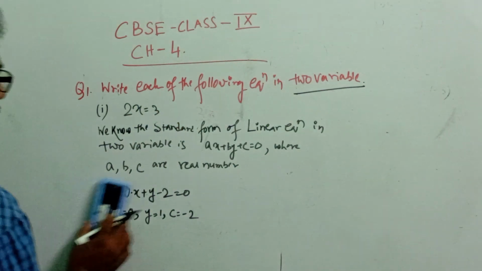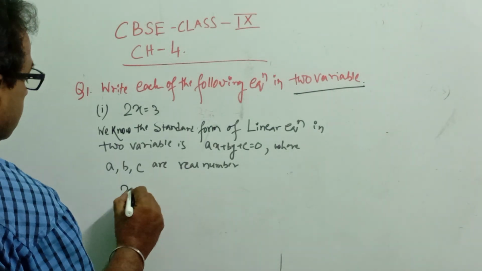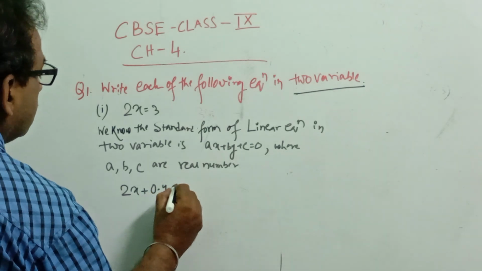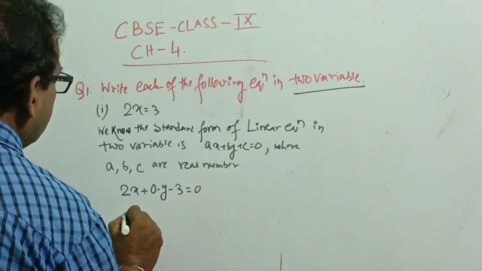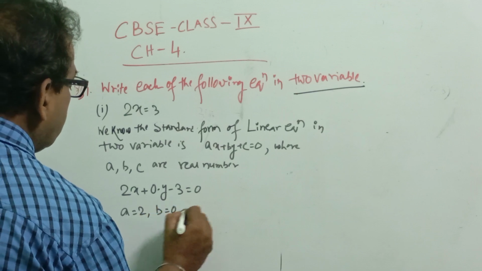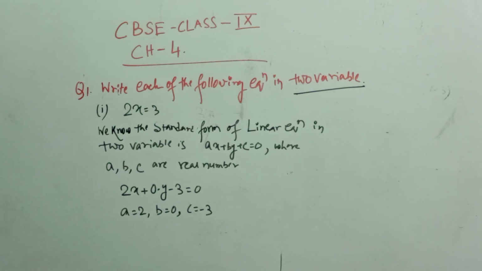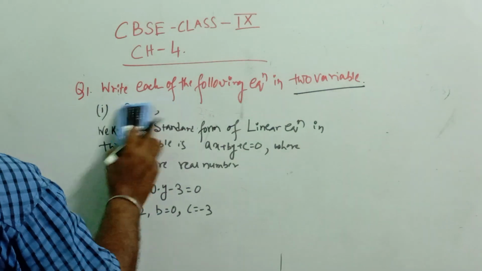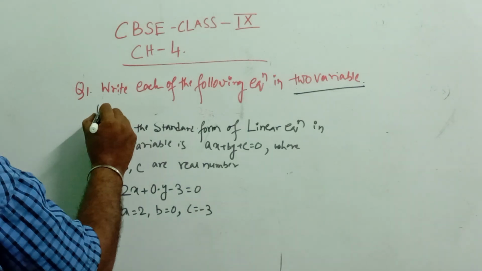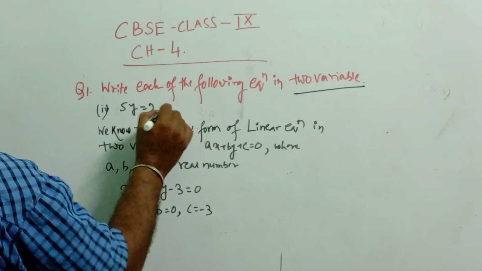Now same thing we have to write over here. That is 2x plus 0y minus 3 is equal to 0. So a is equal to 2, b is equal to 0, c is equal to minus 3. And the last one they have given, 5y is equal to 2.